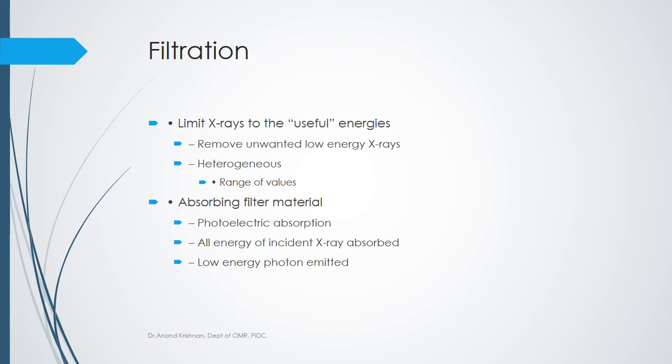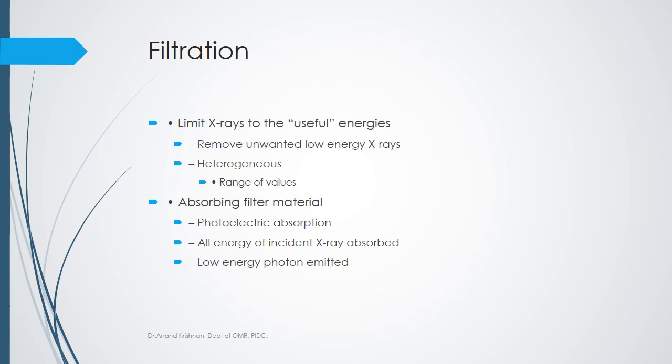The filtration material is generally aluminum. To comprehensively tell, the aluminum preferentially removes many of the low energy photons, with lesser effect on higher energy photons that are able to penetrate to the film.